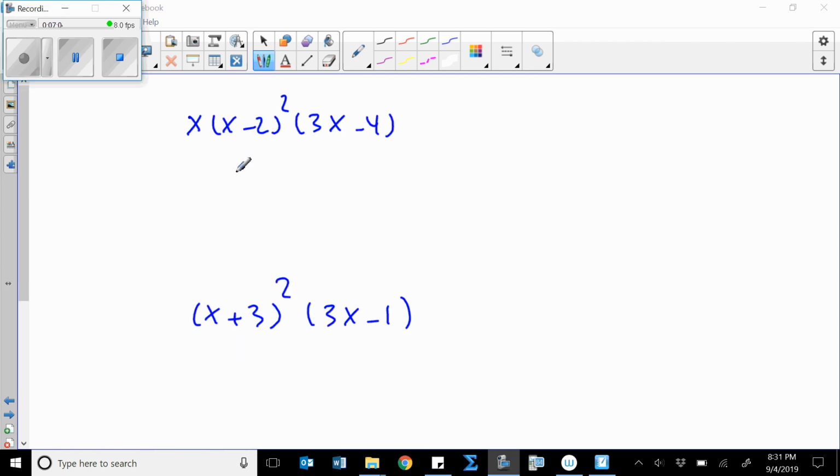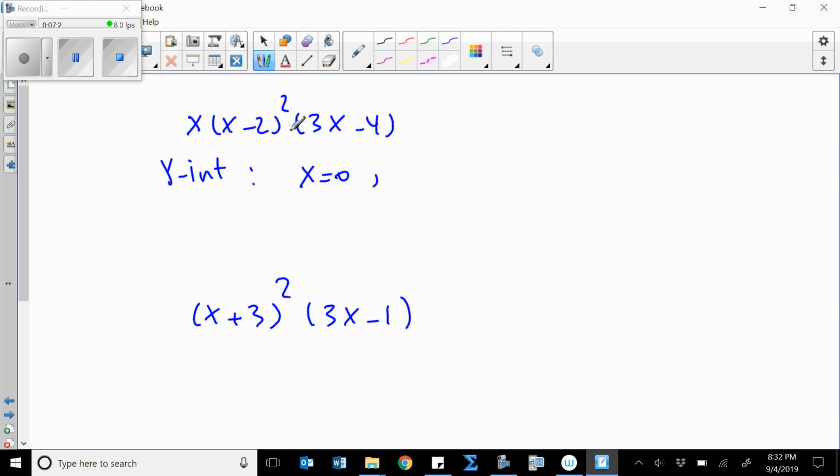Let's do some examples here. I have these two polynomials and I want to find the y-intercept of them. This example has the polynomial in factored form. Again, we're going to do the same rule: set x equal to 0 and solve for y.